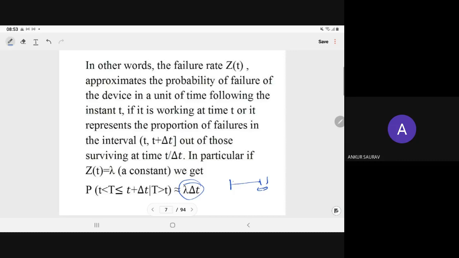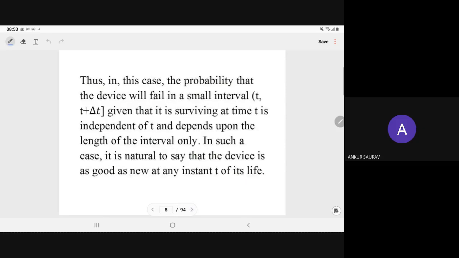Whatever the big time or small time here, it is immaterial. If it is independent of small t, whether it survived up to here or whether it survived up to here, it is immaterial. Failure depends only on the interval, right? It does not depend on what time it has been started.